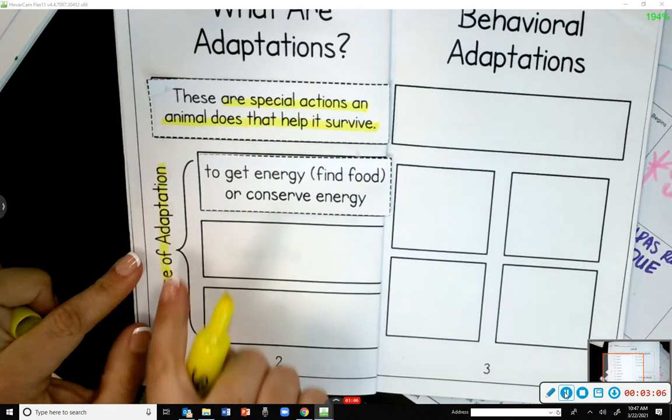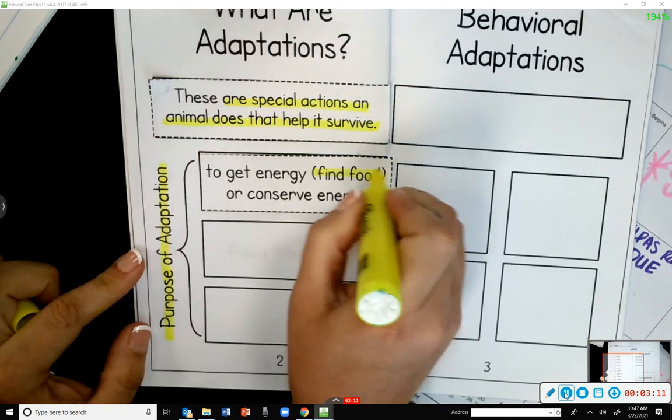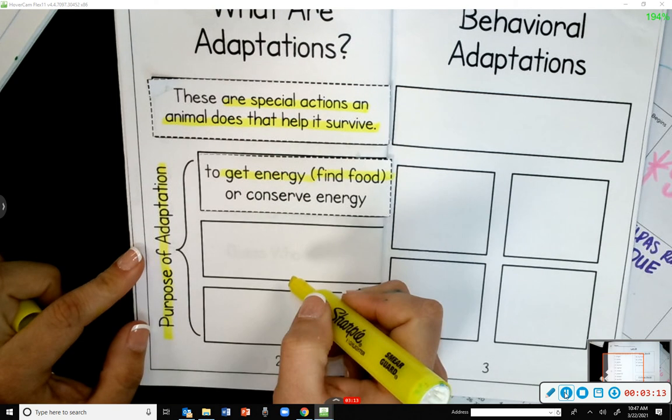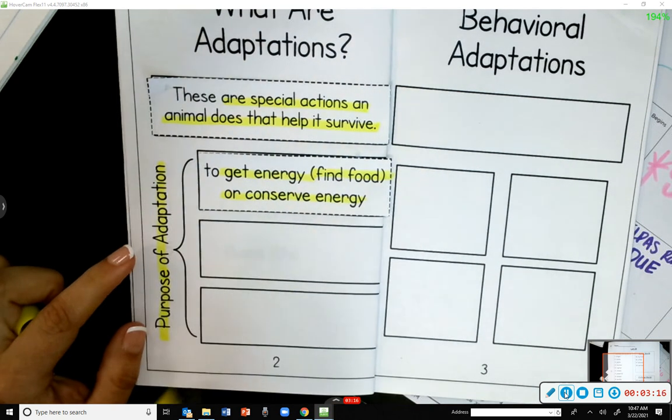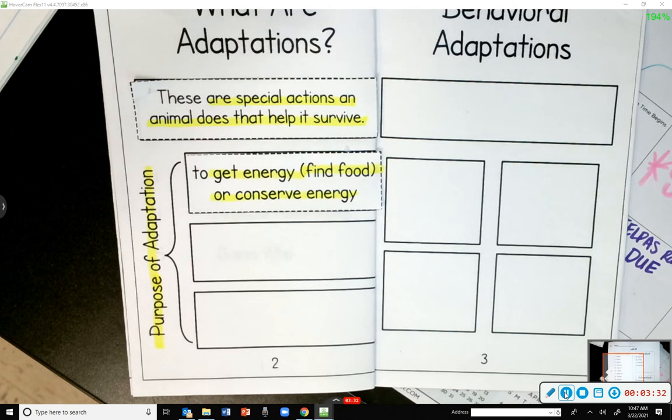The purpose of an adaptation is to find food or get energy or conserve energy. Well, what does conserve mean? If I need to conserve energy or conserve water, conserve food, what does that mean? If I need to just conserve the electricity by turning my lights off when I'm not using them, what does that mean? Save energy. Okay?